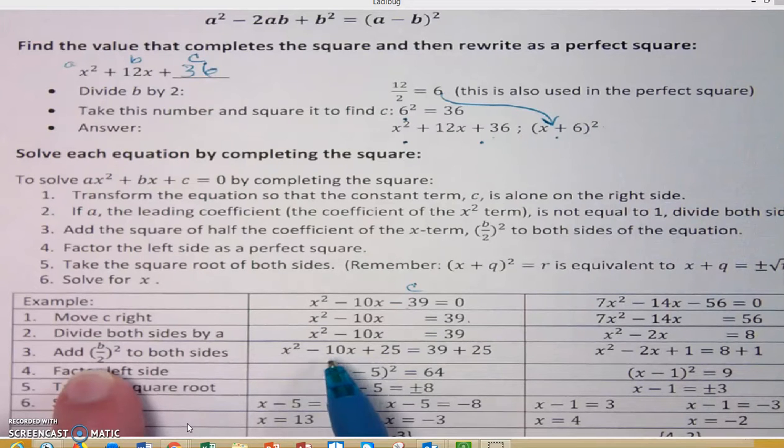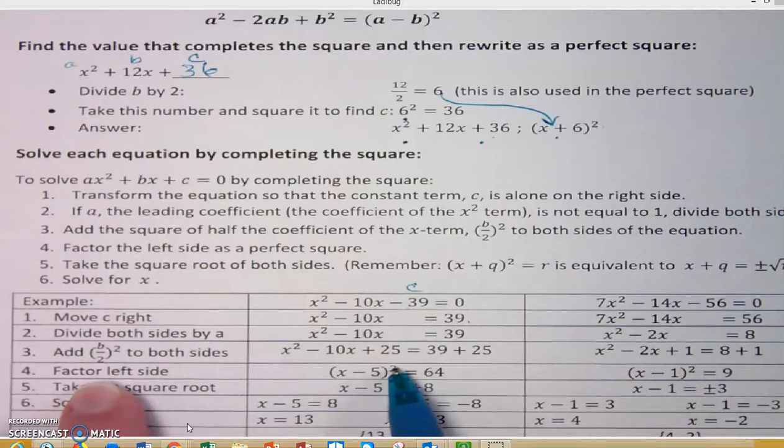Negative 10 divided by 2 is negative 5. So we're going to write it down here in the line below this, x minus 5 squared. 5 squared, or negative 5 squared, either one, is 25. If I add 25 to one side to keep my equation equal and balanced, I need to add 25 to the other side. 39 plus 25 is 64.